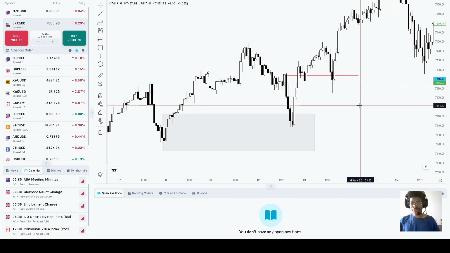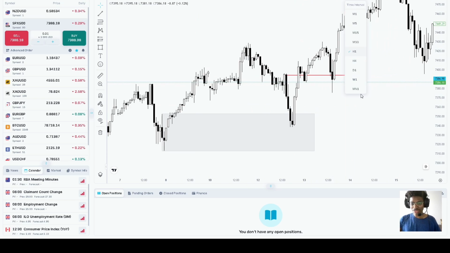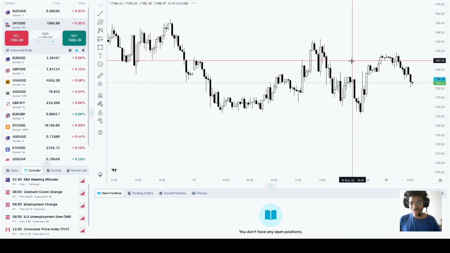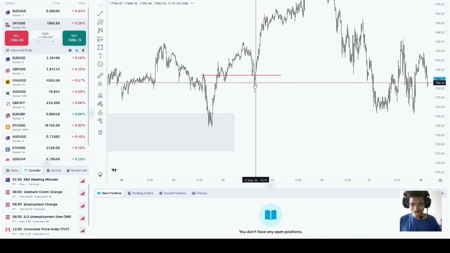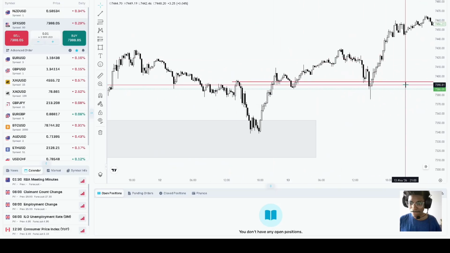So after that is formed, what do you do next? You jump to the 15 minutes time frame, because now price is reversing to touch this 1 hour CISD.